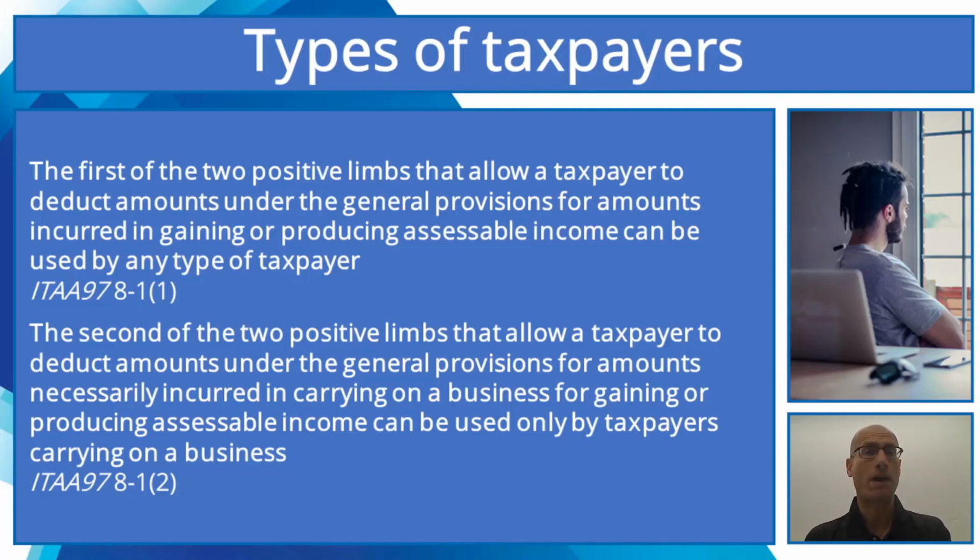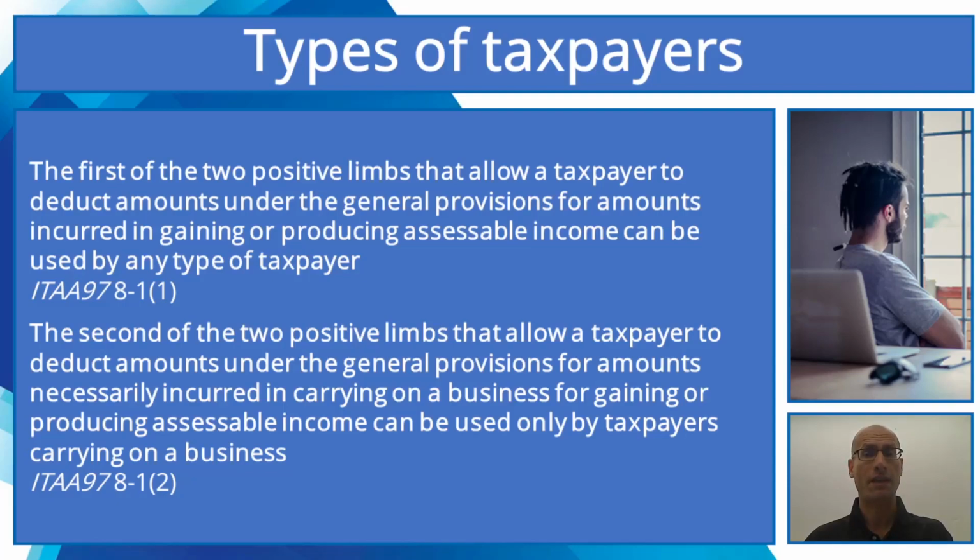It doesn't really matter what kind of taxpayer you are. That, in many ways, is the direct mechanism of getting a deduction. And that's available to any taxpayer. The second one, though, these amounts that are necessarily incurred in the carrying on of a business, by very definition, can only be claimed by taxpayers who are carrying on a business.